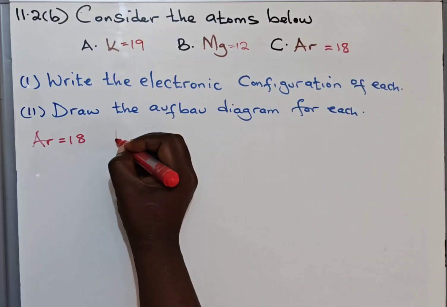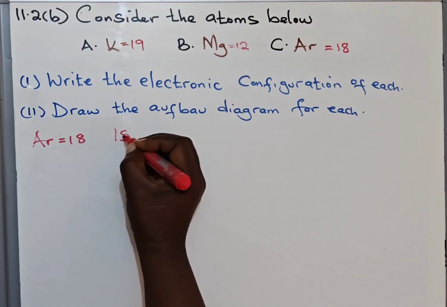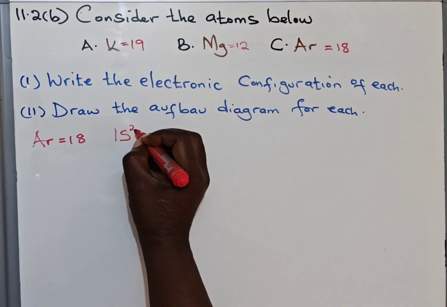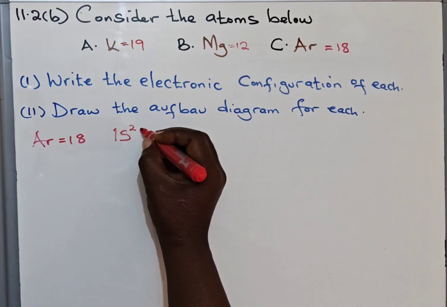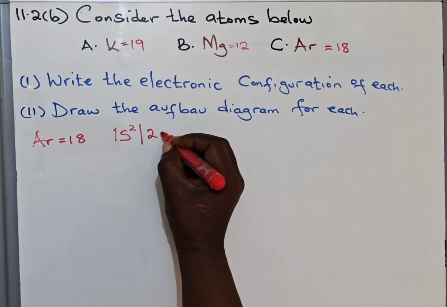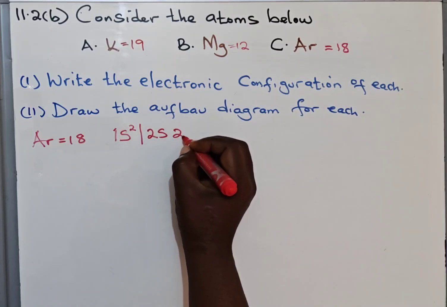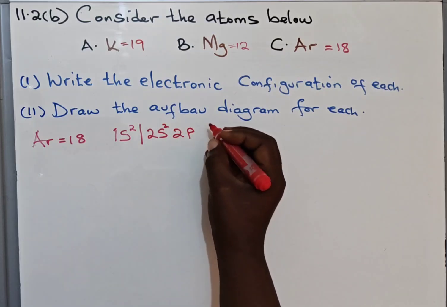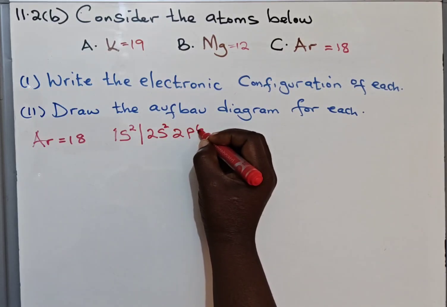And how do we distribute this? We know that the first orbital, or the first energy level, has S and takes up a maximum of 2. The second one has 2s and 2p, 2s taking up a maximum of 2 and p 6.